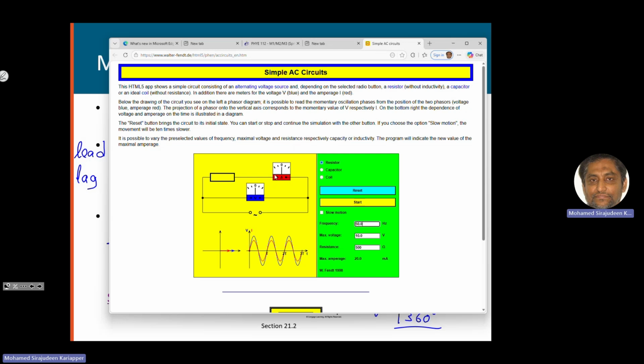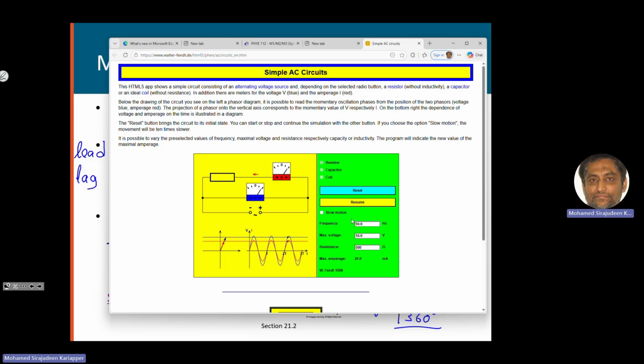This is a meter to measure the current, the red one, and the blue one is the meter to measure the voltage. So when I start, you can see they are in phase, right? The dot shows the time. At that time, the projection of the, see this. Let me pause at one point. Okay, I have paused it. Now let me explain that.